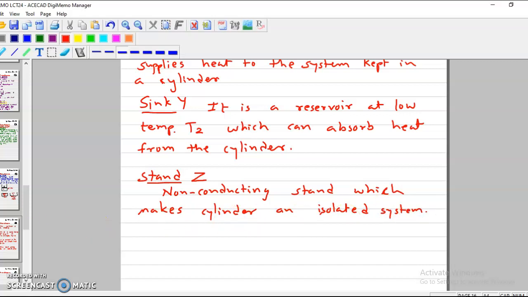So this is what we call construction of a system or heat engine.